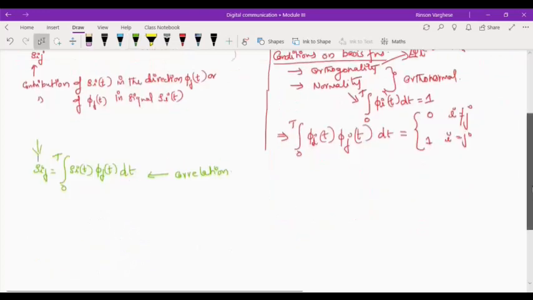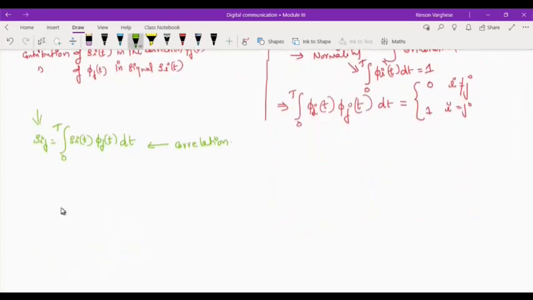Now we have two basic processes here. The first one is analysis. Okay, that is what we do here.